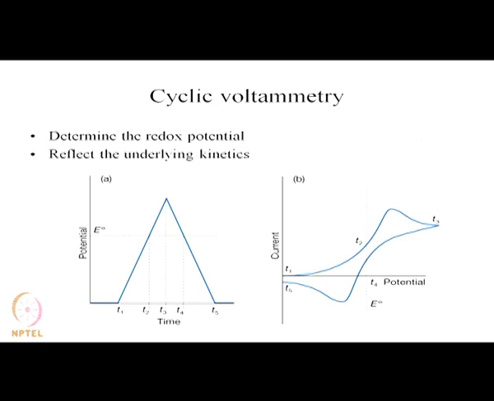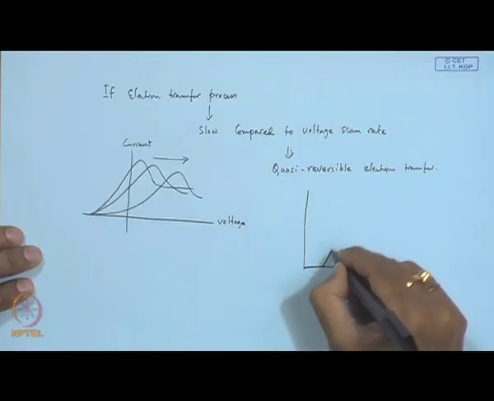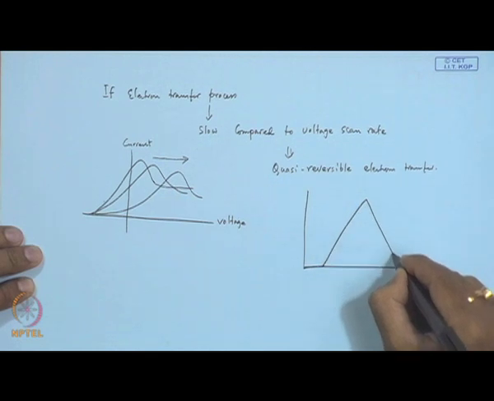Okay. In linear sweep voltammetry, voltage is swept from say V1 to V2, it is just done like that. But now if you do an arrangement such that you can change the voltage sweep from here to this value, and then it is coming back to its original value.